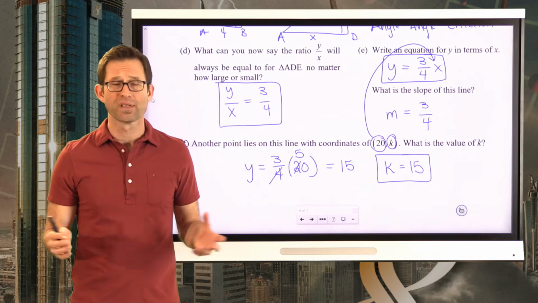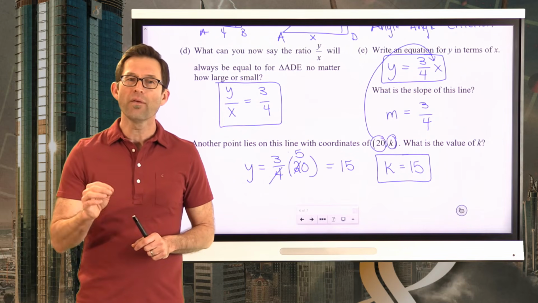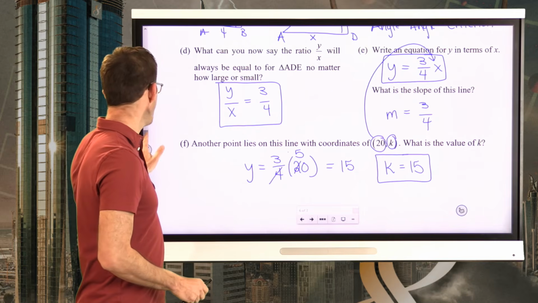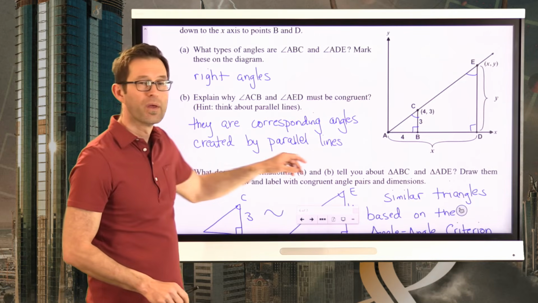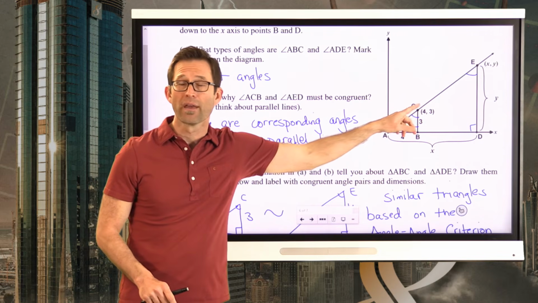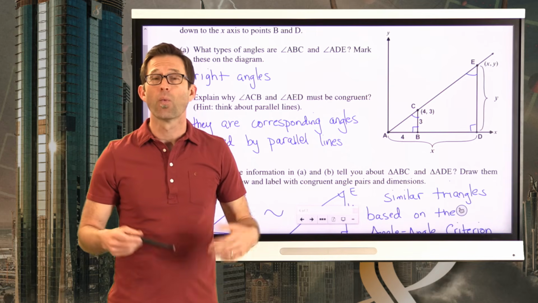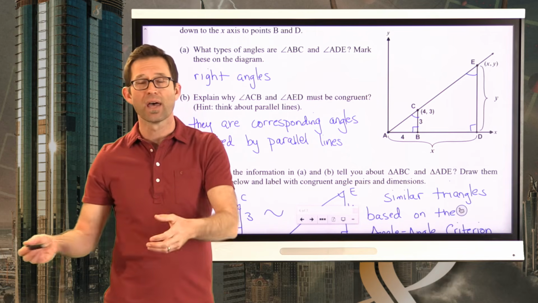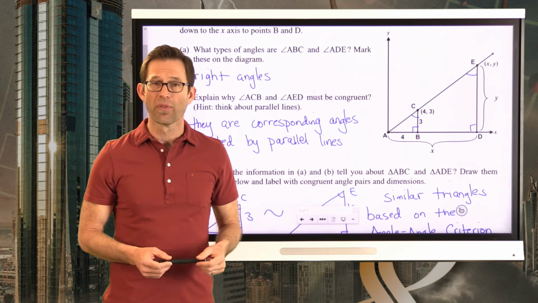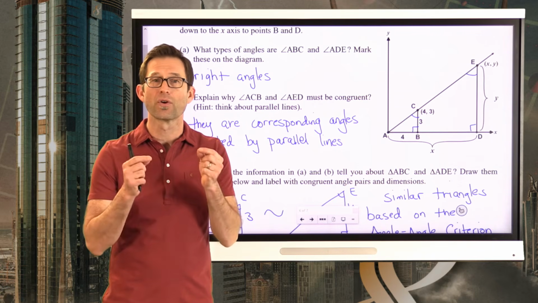Now, kind of the point of this exercise, by the way, because this is rather long, is the idea that we want to feel confident that if we have a line that goes through the origin, right, and passes through some point like (4, 3), then we know that it must have the equation y equals m times x, where m is the slope of the line. And the reason it has that is because of similar triangles.